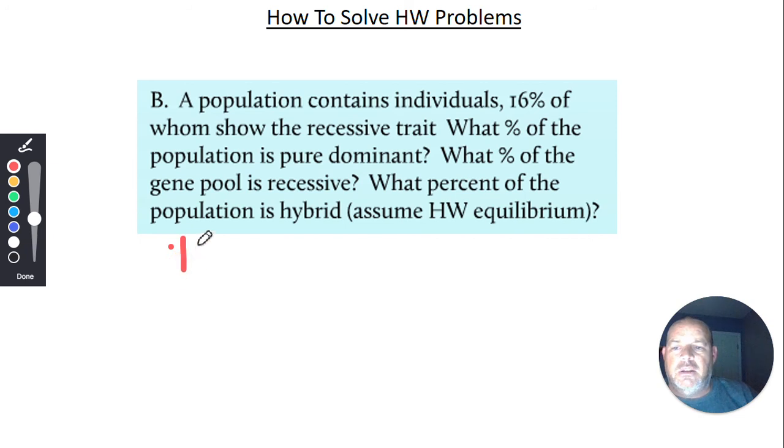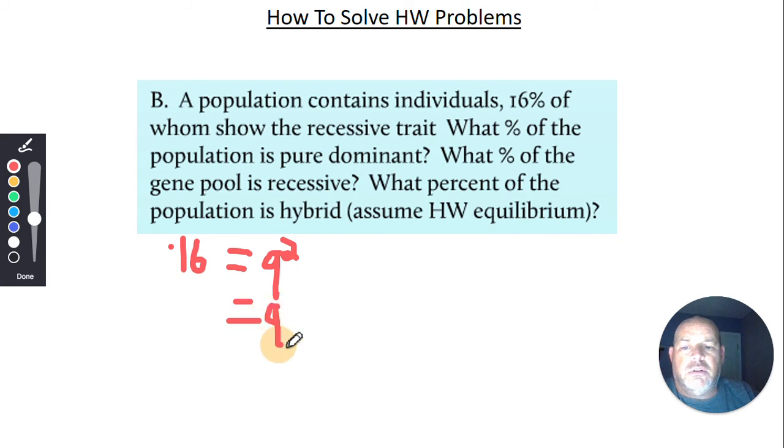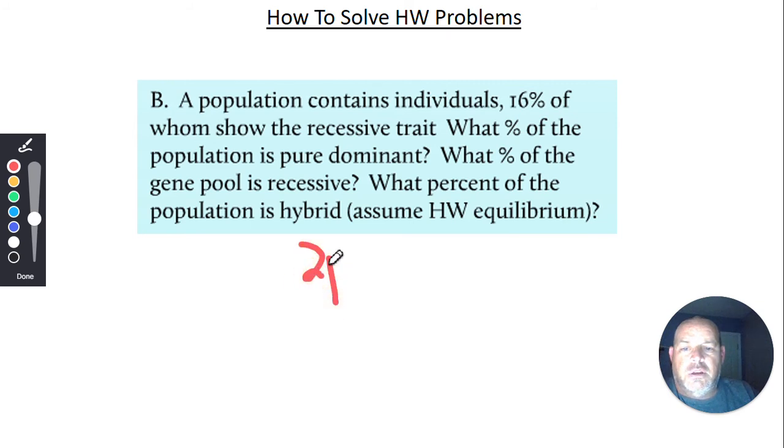So again, sorry about my decimal being way up top. 0.16 is going to show the recessive trait. So that is going to be q squared, which now means q is going to be 0.4, which now means p is going to be 0.6, and that was one of your answers, and I think the other one was as well. And then the hybrid, the 2pq, well, p and q were 0.6 and 0.4, right?